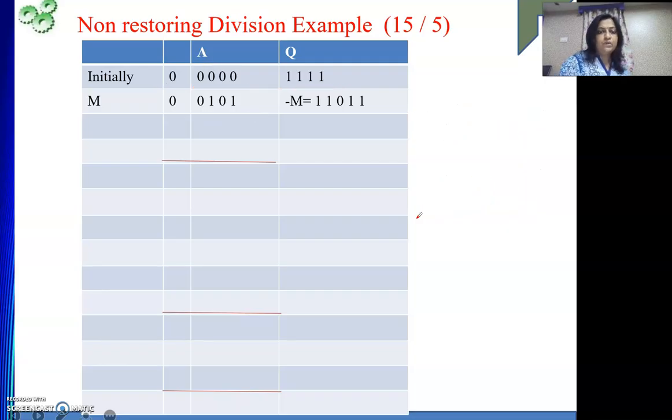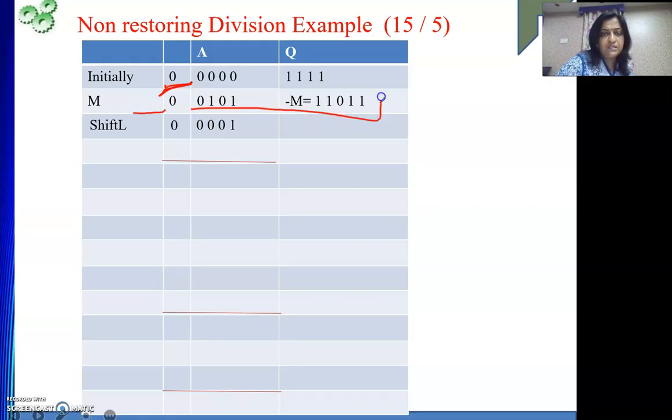Now we'll perform the operations. What does the algo say? In the beginning we see the sign bit of A. It is 0. So we are supposed to shift left and subtract. We do the shift left of A and Q, so 00001 and one box is created.